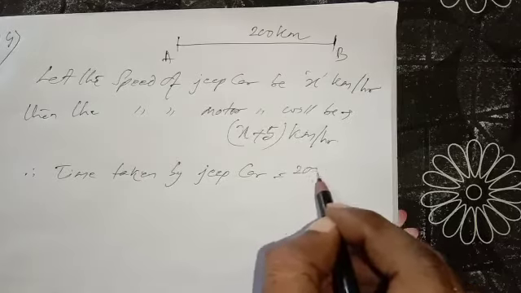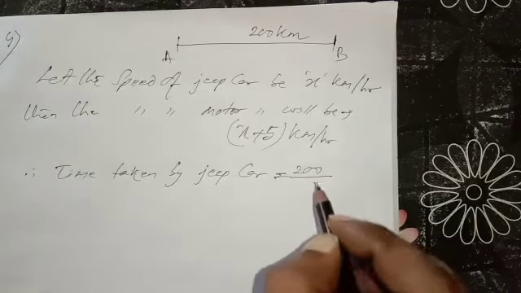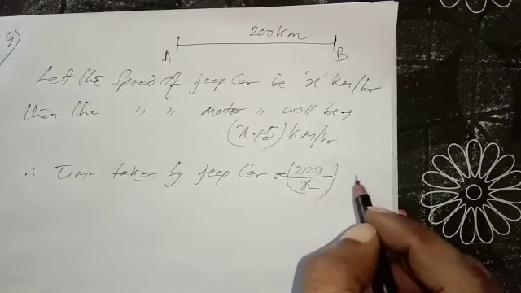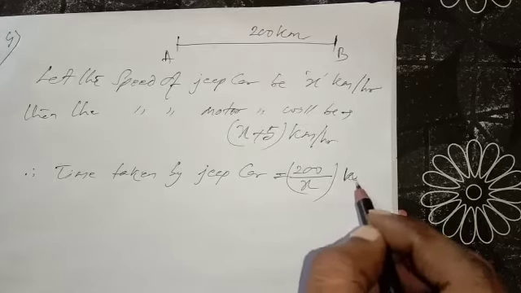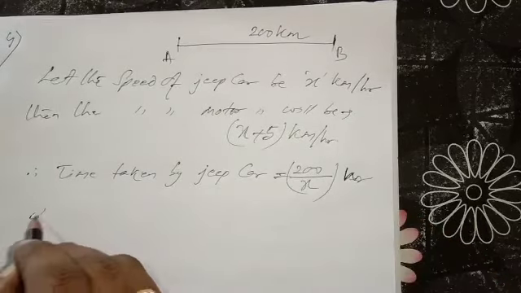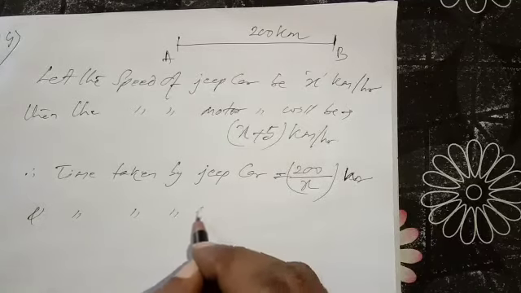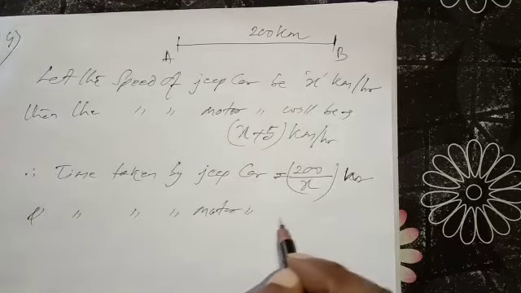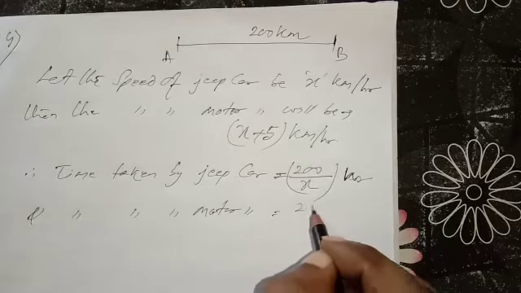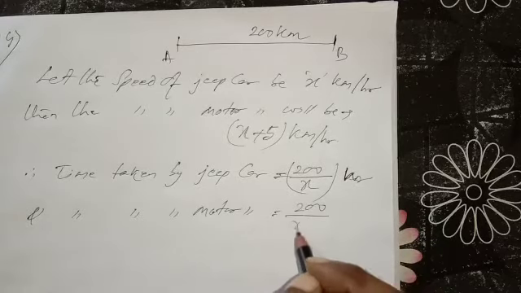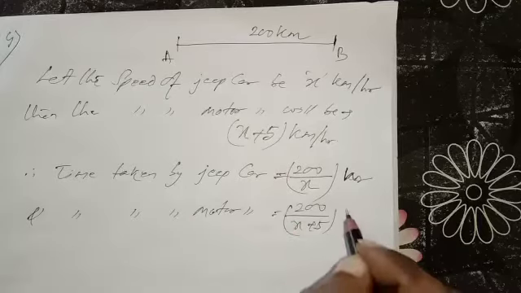Distance is 200 km, speed is x, so 200 by x hour. And the time taken by the motor car will be distance by speed, 200 by x plus 5 hour.